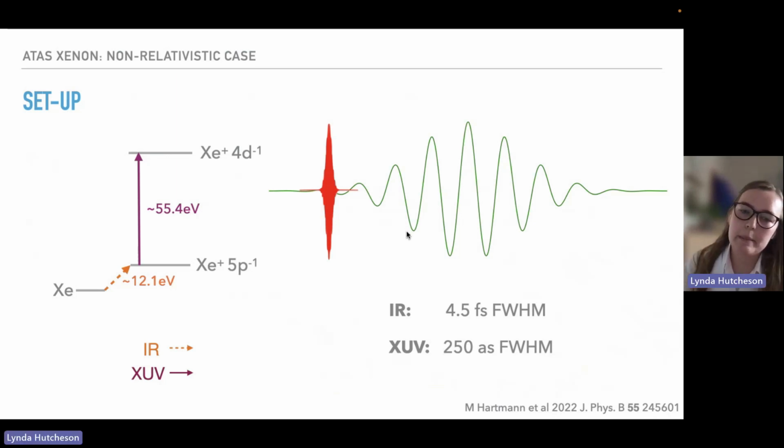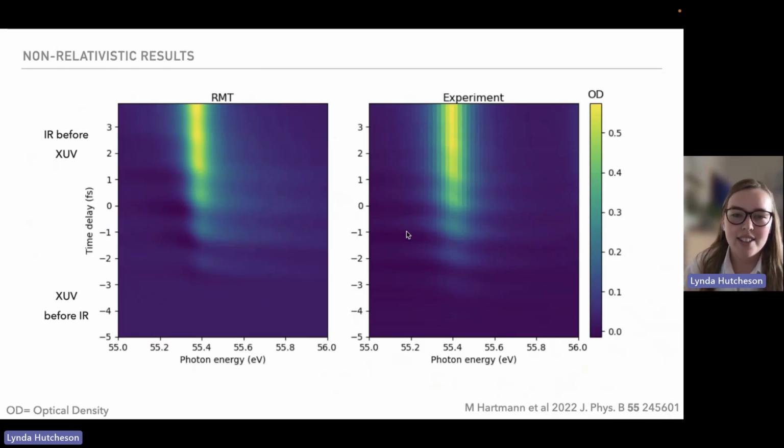So doing that in both experiment and running lots of calculations, we end up with a 2D color plot that looks like this. Here we have our energy on the x-axis and the time delay on the y-axis. And you can see that we get really nice agreement between RMT and experiment before we even dive into the details. The energy we're looking at is about 55.4.